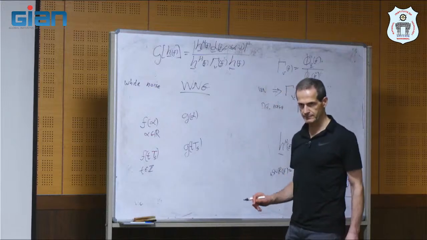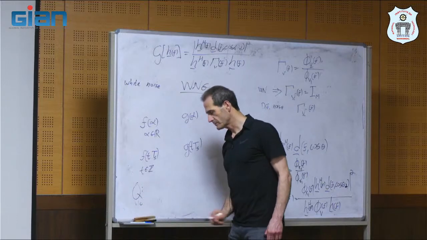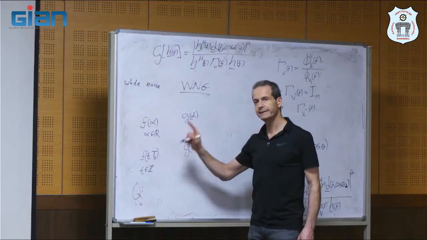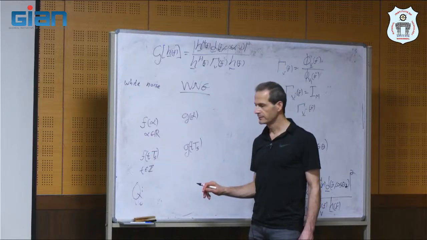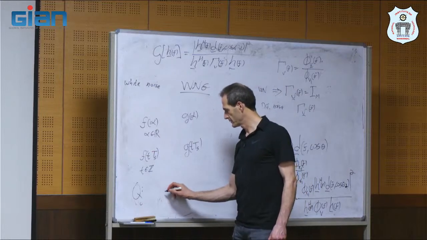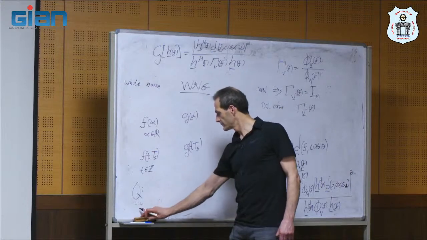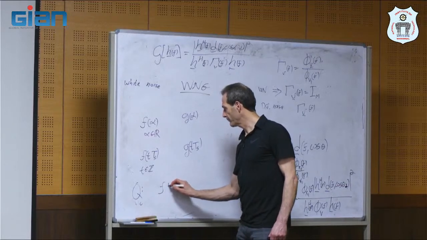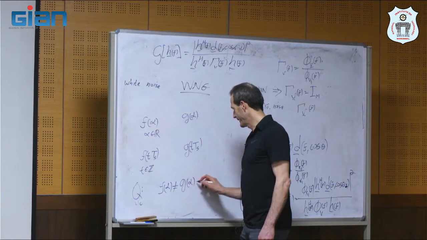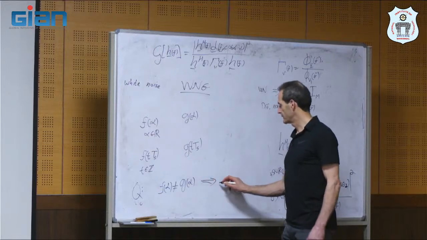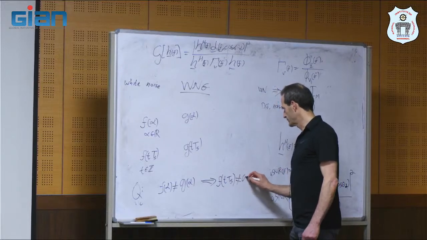So I ask you a question. What is the requirement on Ts such that, I will write it like this, if f alpha is different than g alpha, it implies that f t Ts is different than g t Ts?